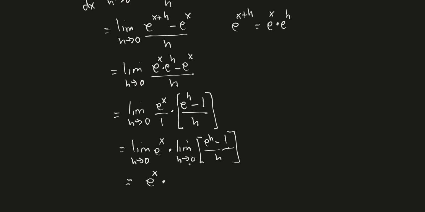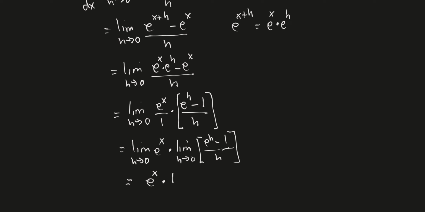And that's exactly true. This limit that we have of e to the h minus 1 over h is equal to 1. If I were to show you why it's really equal to 1 algebraically, it will take a long time, right? So this is where you'll have to take my word for it.